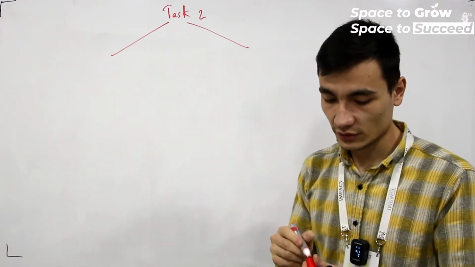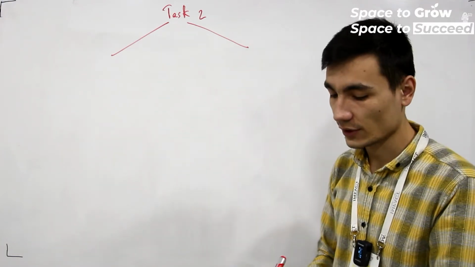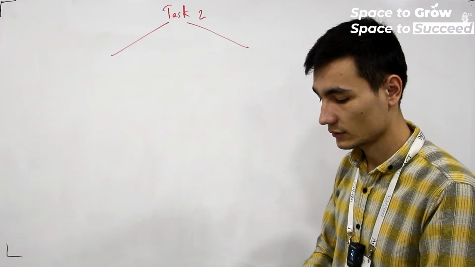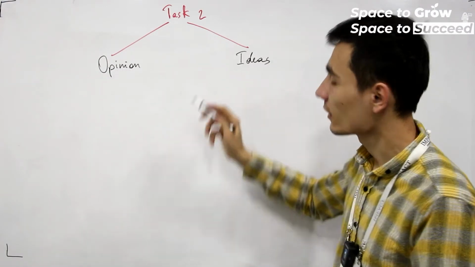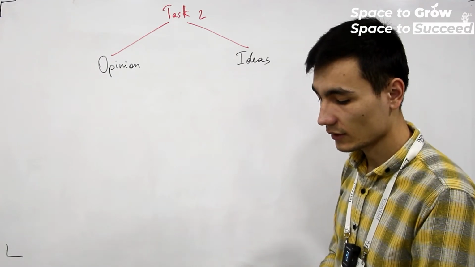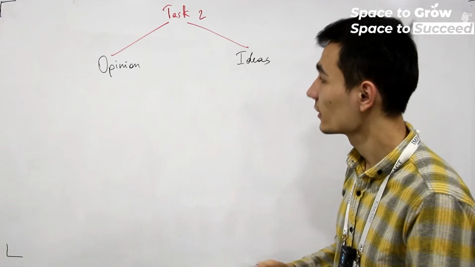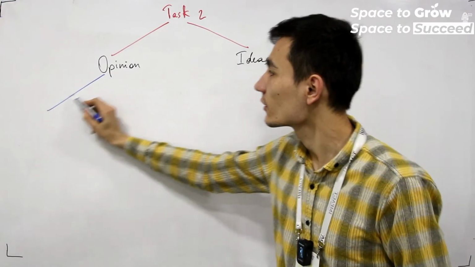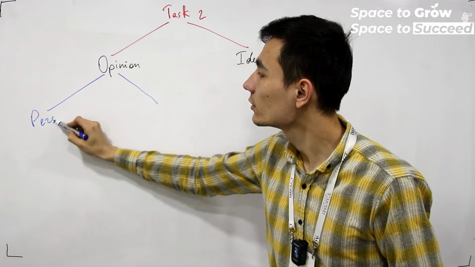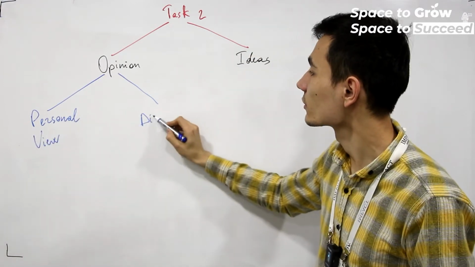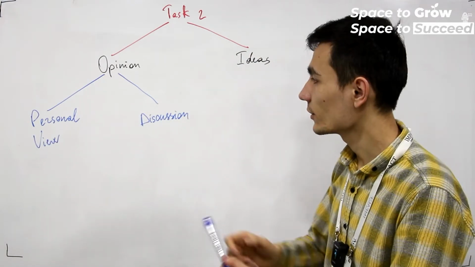So task 2 is mainly divided into 2 parts, and they are opinion and ideas. And they are also in turn divided into certain parts, such as opinion is divided into 2 parts in its turn, and they are personal view and discussion. And there's a little branch of opinion essay called evaluate.